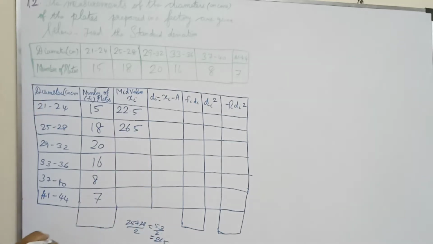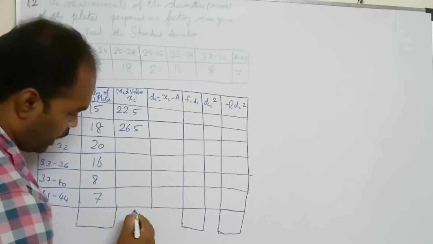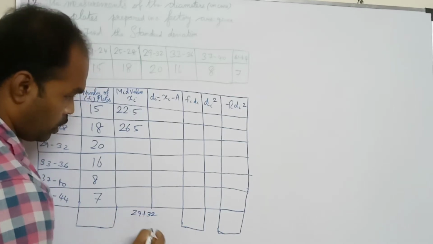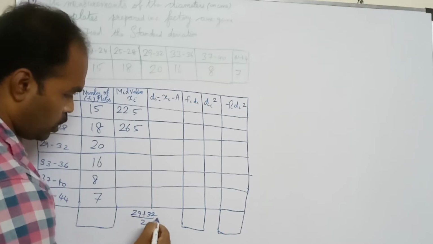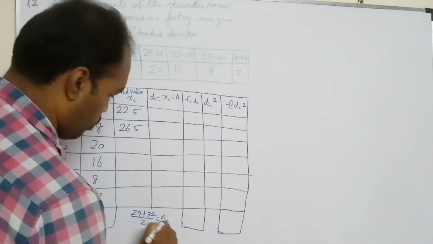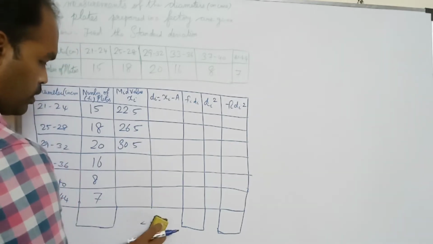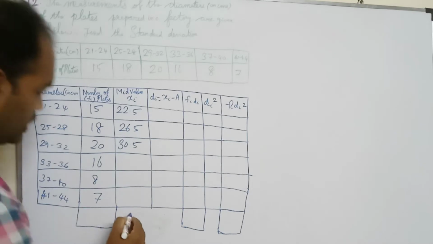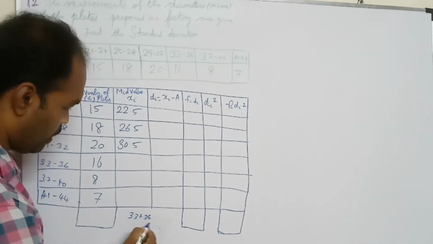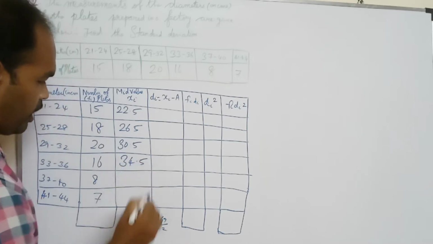The next one is 29 to 32: 29 plus 32 divided by 2. 29 plus 32 is 61, and 61 by 2 is 30.5. 33 plus 36 is 69, and 69 by 2 is 34.5.